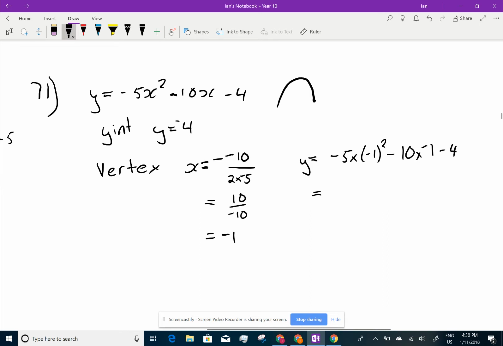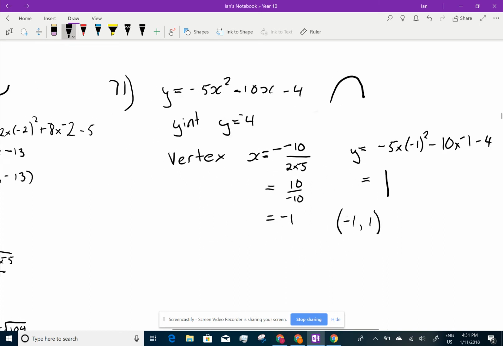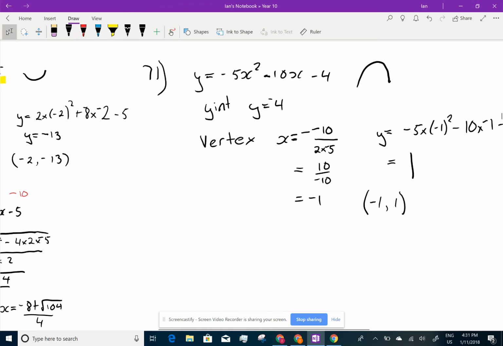And you do that on your calculator, and I get 1. And the vertex is negative 1, 1. And now I know it has roots because the vertex has a positive number, which puts it above. But I'm going to find the roots anyway.